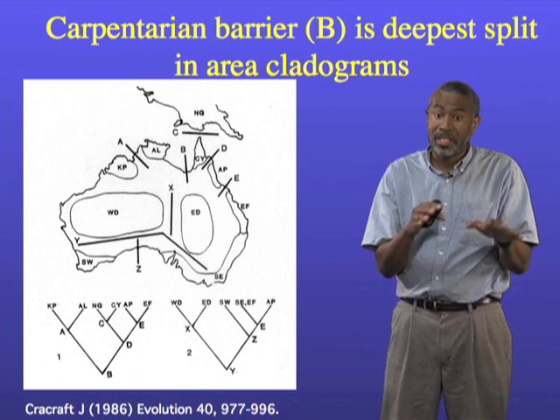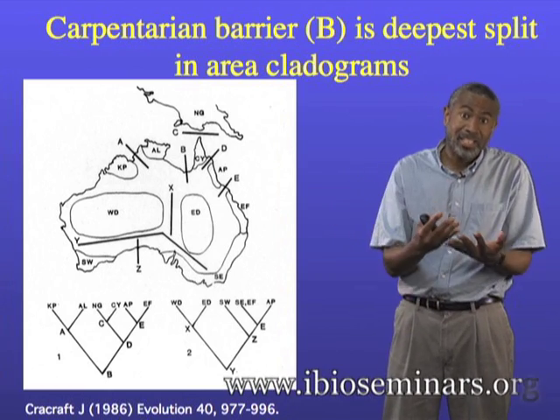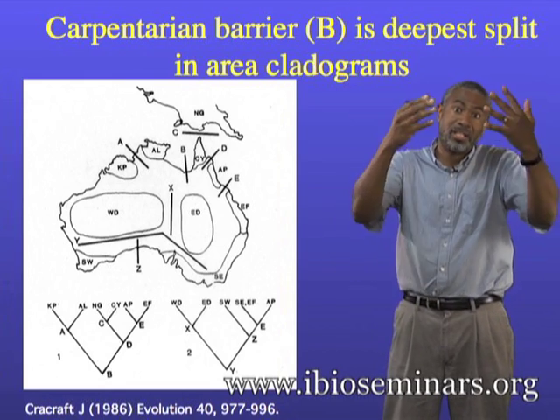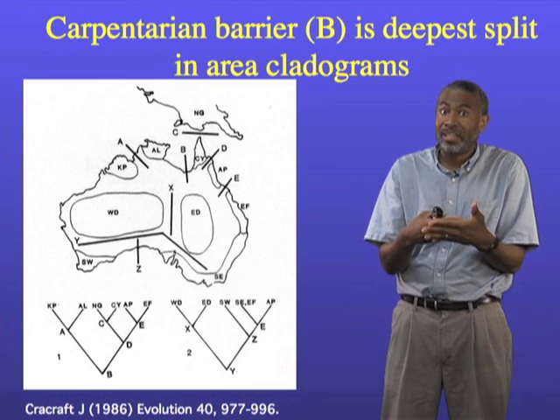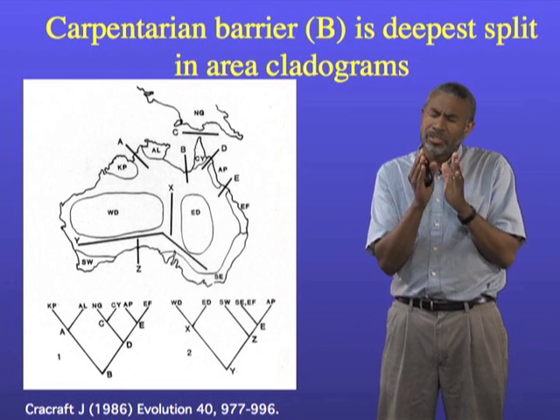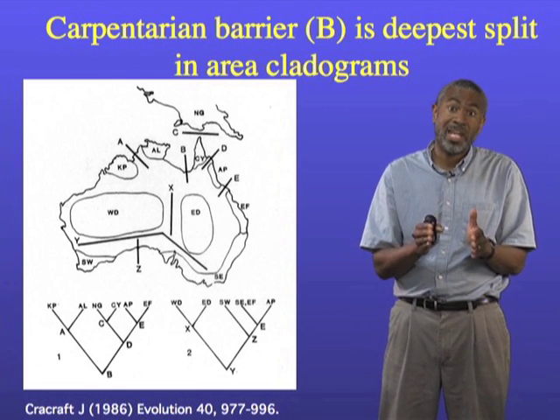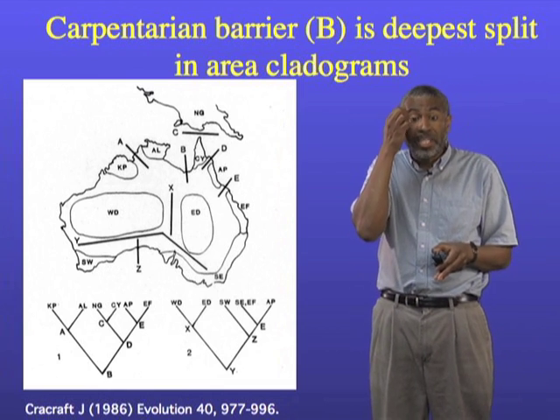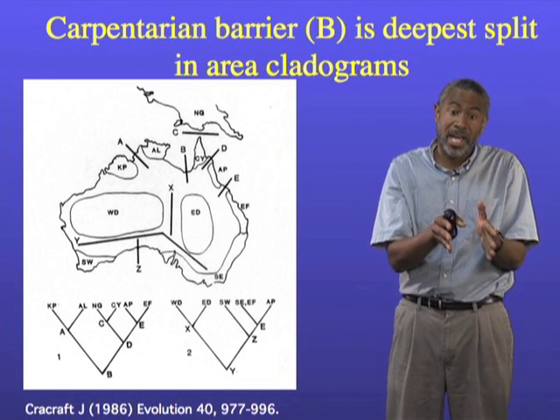Of course, the region in this part of the world has been very complicated. Australia, of course, was connected to New Guinea to the north on several different occasions, such that there was a single landmass. Now, New Guinea is, of course, an island separated from Australia by the Torres Strait. But nonetheless, this Carpentarian region has been a very important region for evolutionary change in the Australian continent. And that is borne out by these trees you see at the bottom of the diagram.